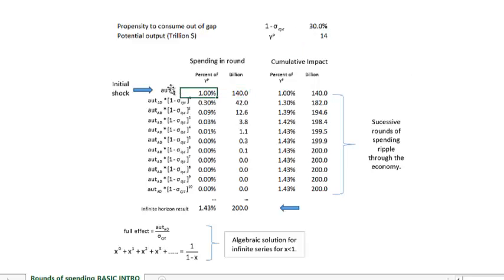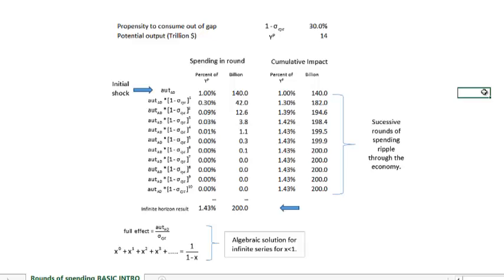And our initial shock was 1% of potential output, or 140 billion. So now we're going to call that initial shock AUT-AD, the autonomous shock to aggregate demand. Now we're talking about this as a household spending shock, but we could apply this to other sectors of the economy.